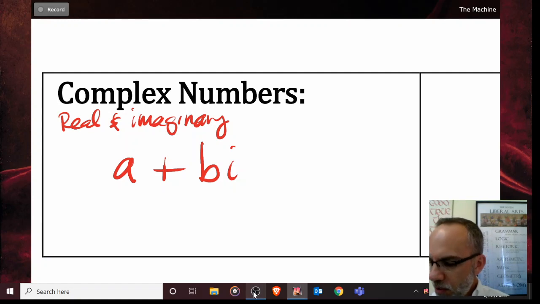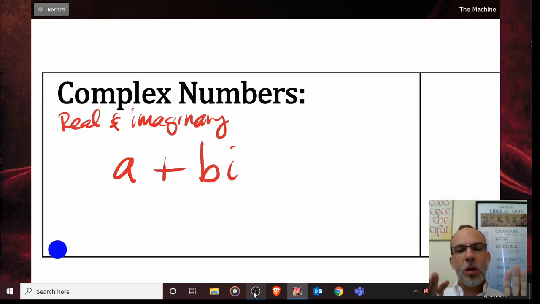This part right here is the real part. This part right here is the imaginary part. They've always got to be separate things. And the imaginary value always has to come after the real value. Okay, that's just the standard way of writing them. It's not like technically wrong if you write it backwards, but it's like format wrong.